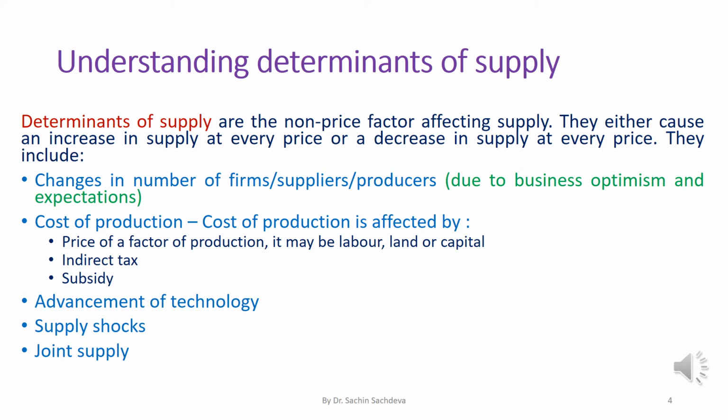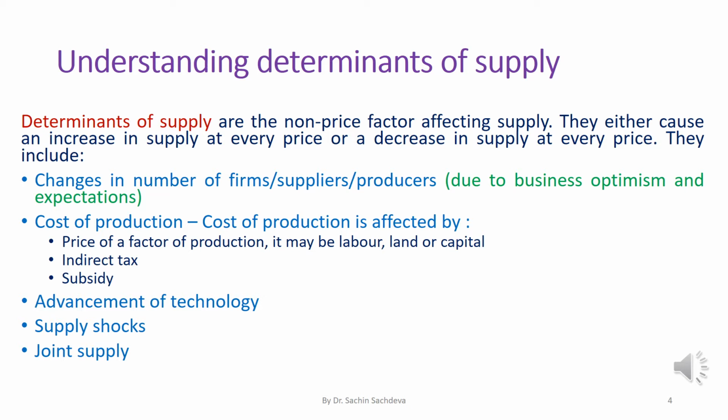So any change in cost of production is going to change the supply. If cost rises, supply will fall. And if cost of production falls, supply will rise, because with the given amount of money, more can be produced if the cost is less. If cost is more, with the same amount of money, less can be produced.